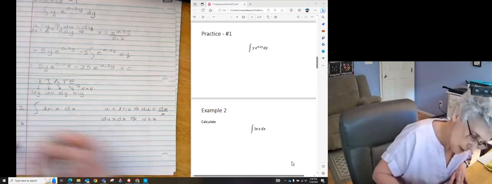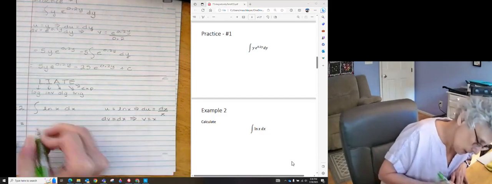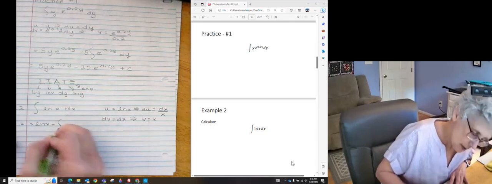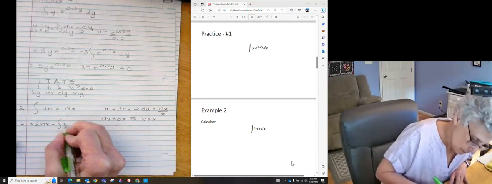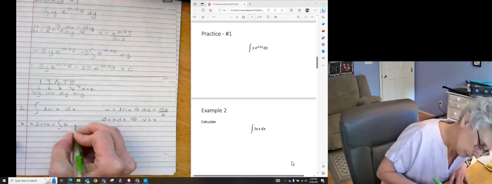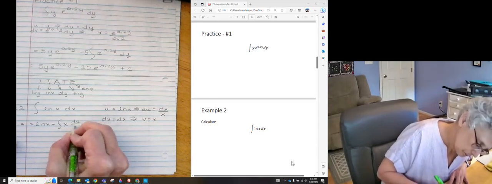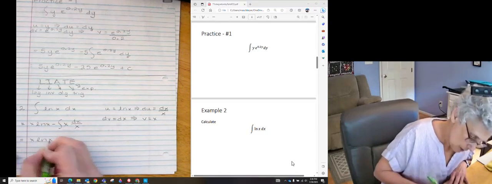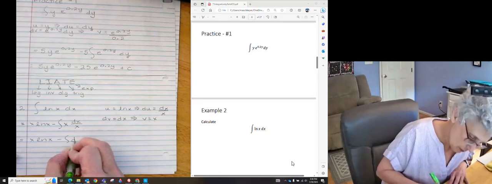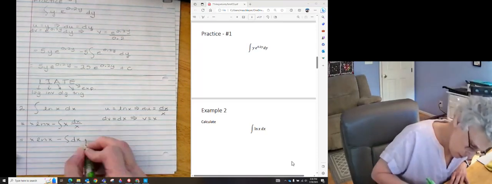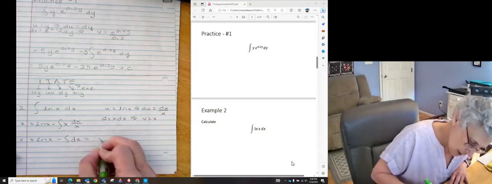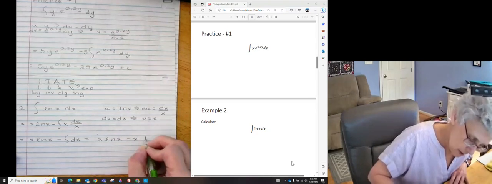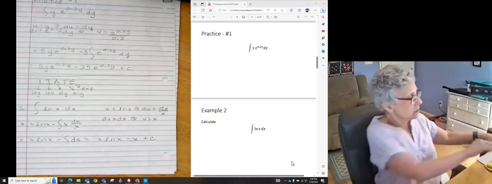So this is going to be equal to u times v minus the integral of v du. So x times the natural log of x minus the integral of just dx, which is x times the natural log of x minus x plus a constant.